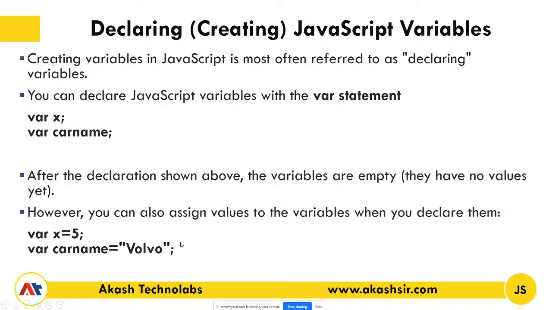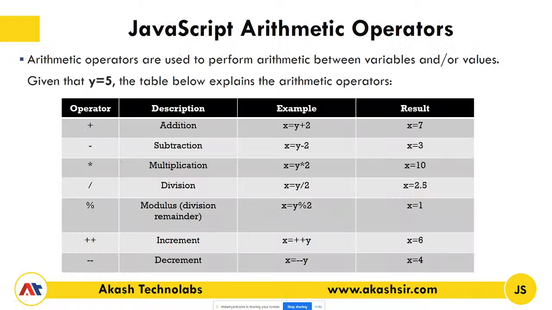Okay, so you can define and initialize your variable like this. So in JavaScript we have arithmetic operators. For example, addition, subtraction, multiplication, division, modulus, increment, decrement. So you can use this kind of operators, right?